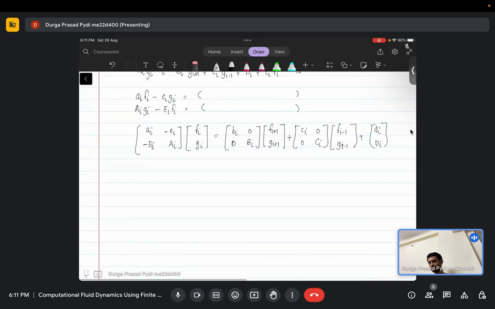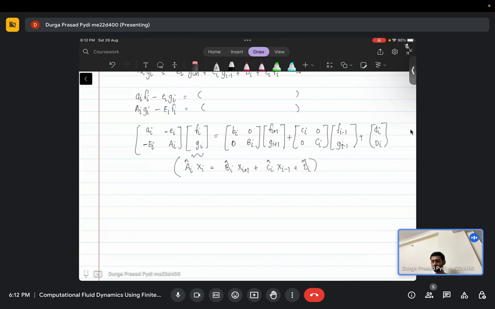If you make this rearrangement, and call this vector xi, I have something like this: ai hat xi equals bi hat xi plus 1 plus ci hat xi minus 1 plus di hat. So if you make that rearrangement, everything is very similar.